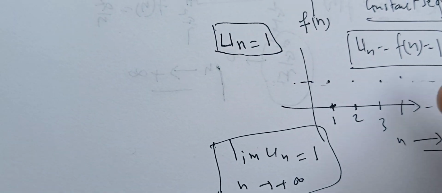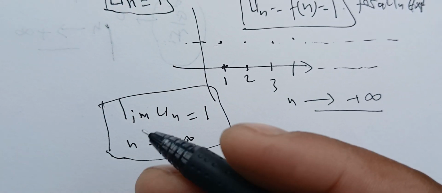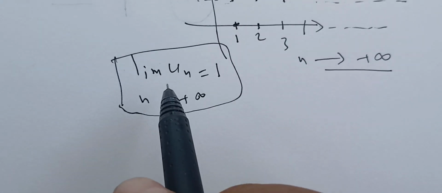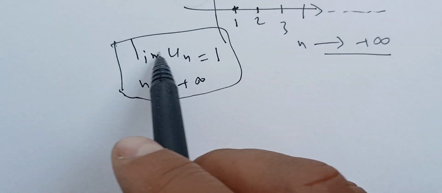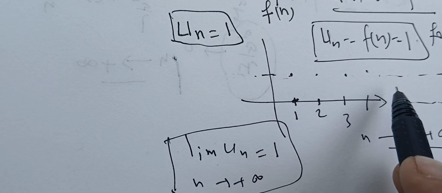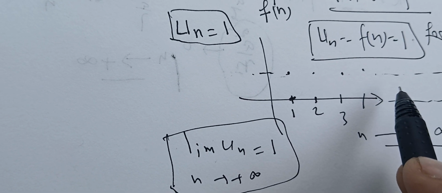It's very beautiful. We are interested in what happens in the long run for sequences. So this is a notation that we use: the limit of un as n goes to infinity is 1. Here it's clear.